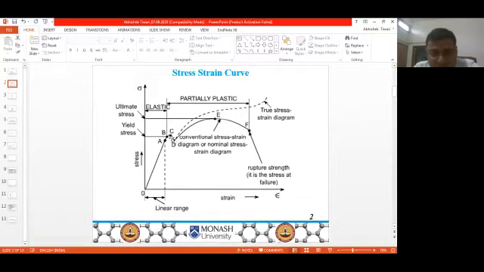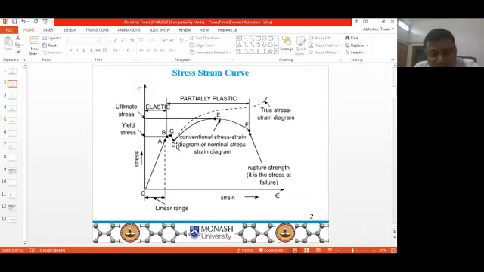Because once we pass point C, we overcome the stress required for further deformation to occur, and then we can deform the tensile specimen with a lower stress. And after that, again, it deforms plastically, and from point D to E, it is undergoing strain hardening.